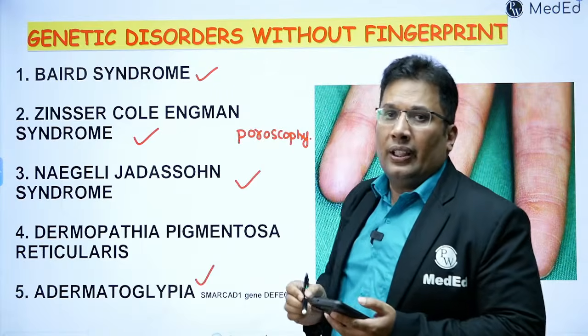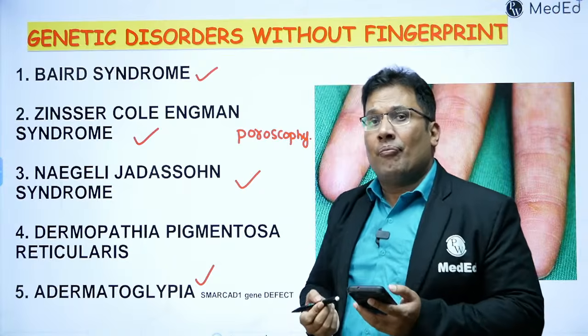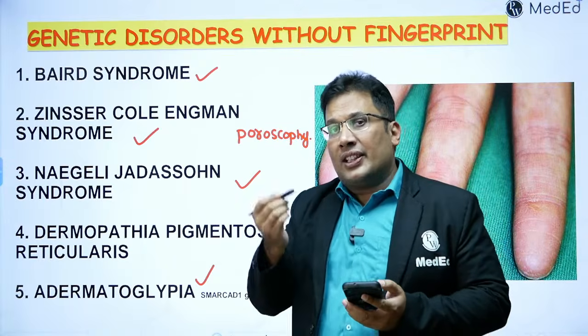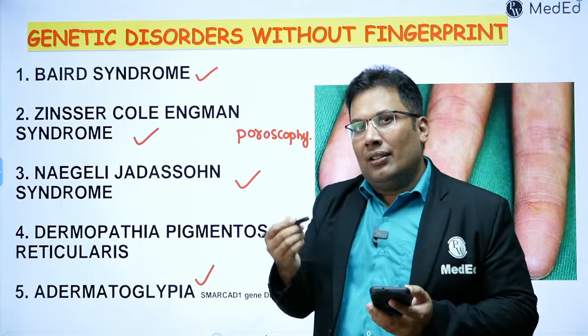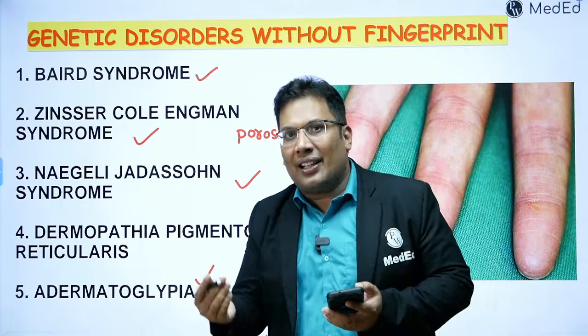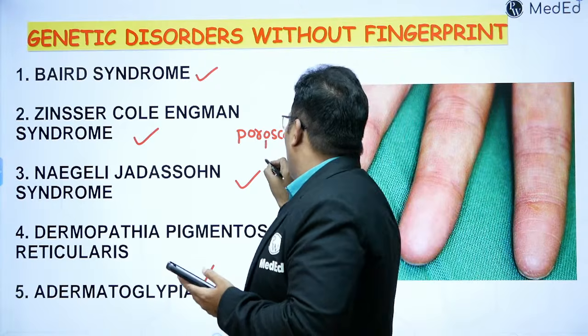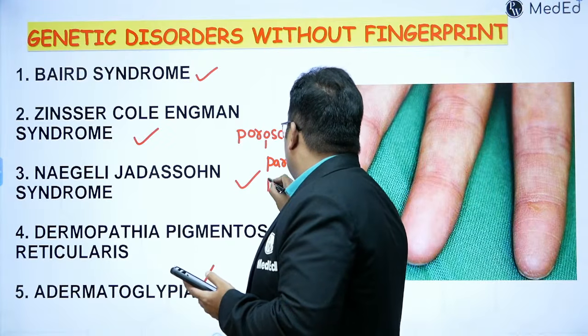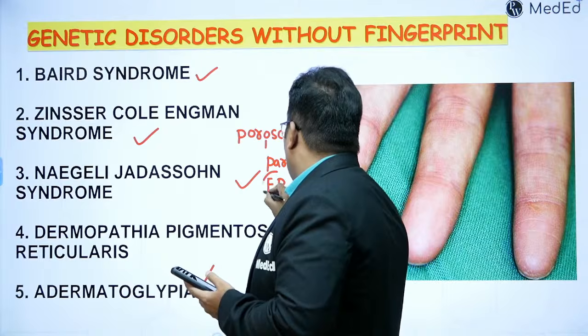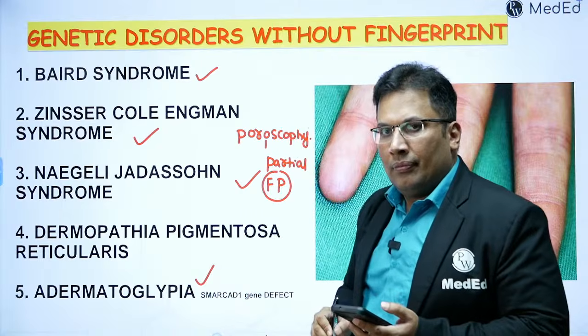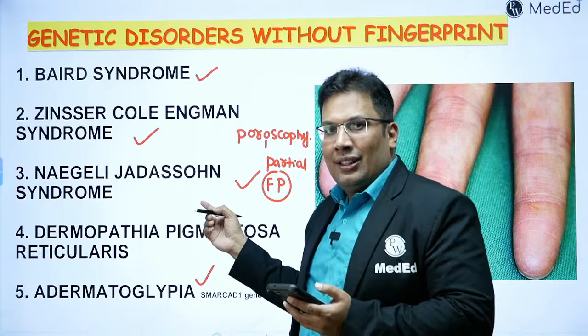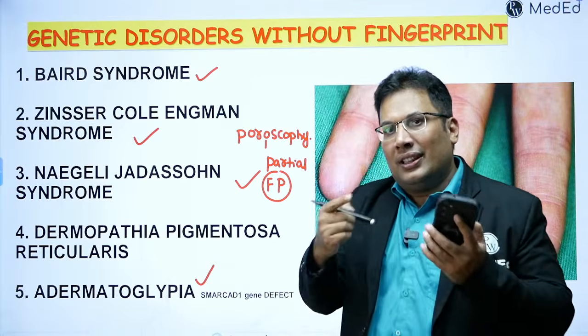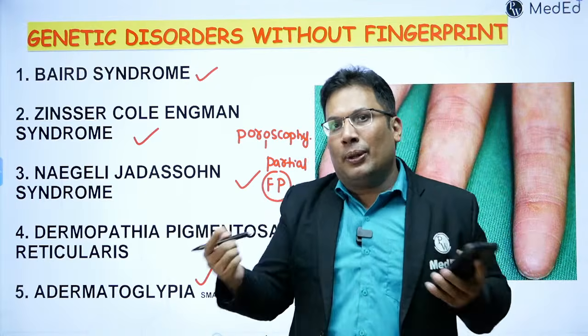Poroscopy was first invented by Locard. It is very useful in scattered or partial fingerprint. It is the study of pores, basically the number of pores, distance between the pores, shape of the pore.